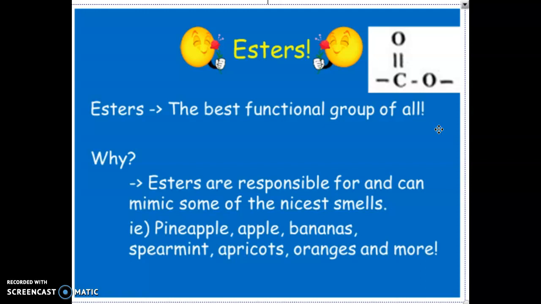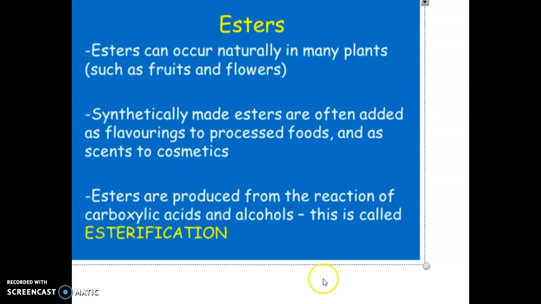But when you cut into a fresh pineapple or open a banana and you get that nice smell, part of the smells you are smelling are associated with compounds that have esters in them. So we're going to look at everything we normally do. We'll look at reactions, naming and properties.